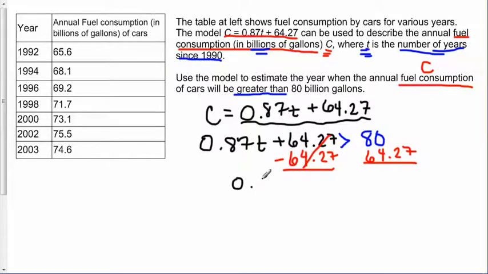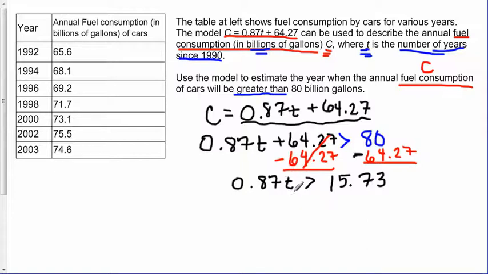So 0.87T is greater than, here the 64.27 canceled out. Over here, whoops, I better put my subtraction sign there. I don't want to forget that I'm subtracting. When we subtract that, we end up with 15.73.